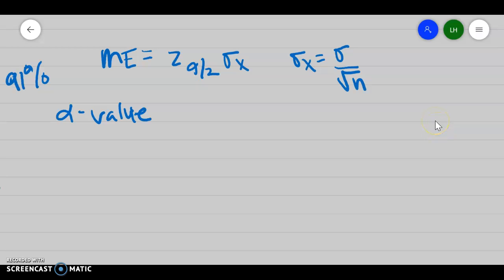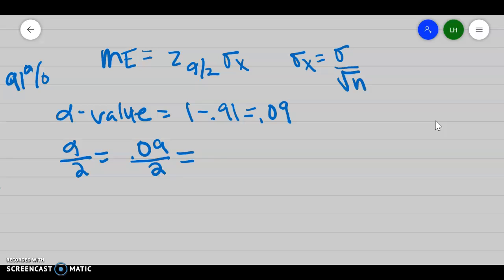So alpha value would be 1 minus 0.91, which is 0.09. And then you're going to divide it by 2, and that's going to give you 0.045. So you're going to say 1 minus 0.045, and you're going to get 0.955.